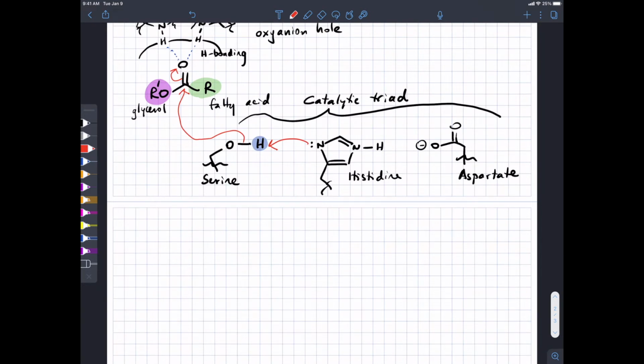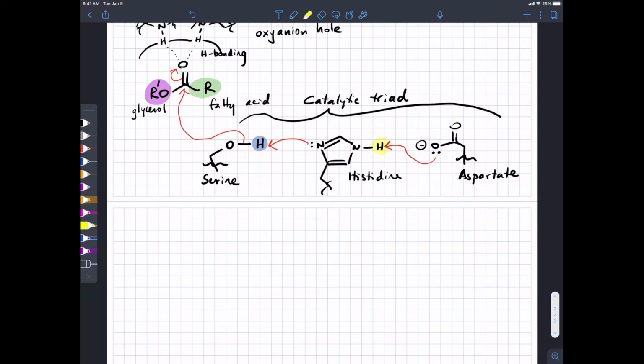And what makes histidine nucleophilic enough to remove the proton from serine is this aspartate nearby removes the proton from histidine. You know what? I drew that structure incorrectly. I hope you can forgive me. We remove this other proton from histidine.